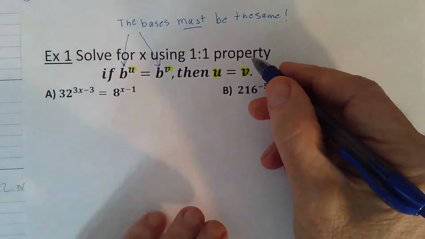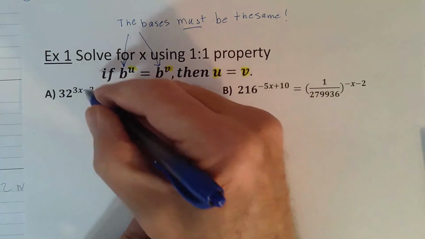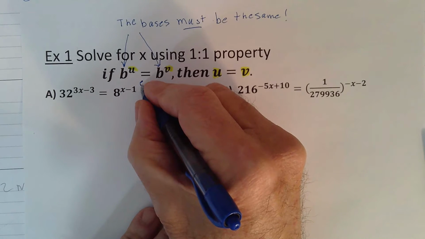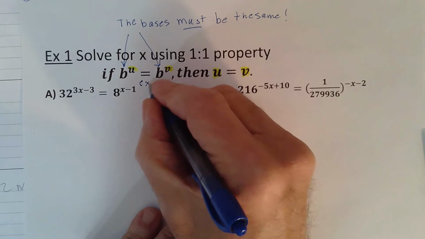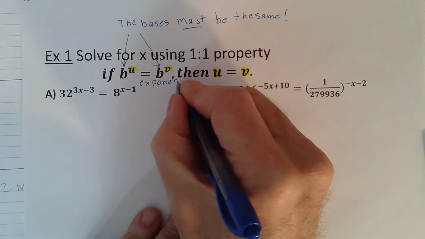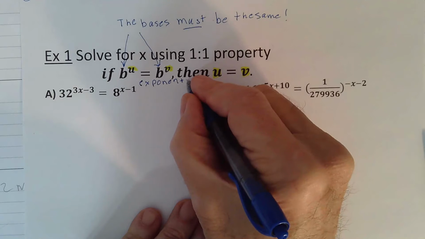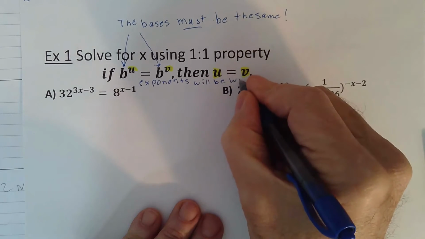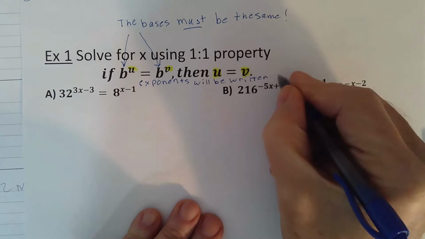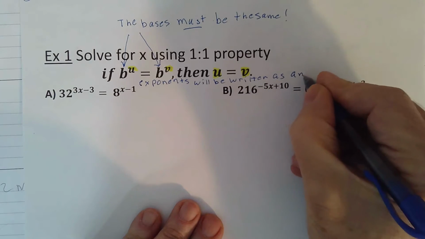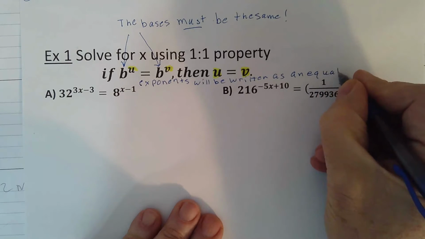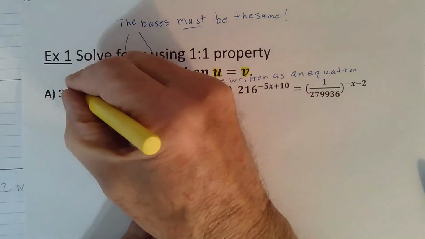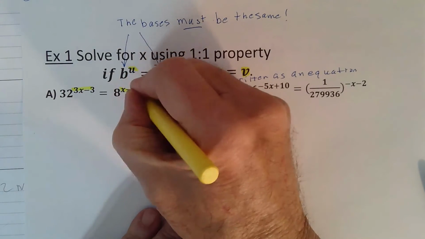So let's just write it this way. So this is exponential, or the exponents will be written as an equation. So here are the exponents up here. Again, we're focusing in on these. All right?